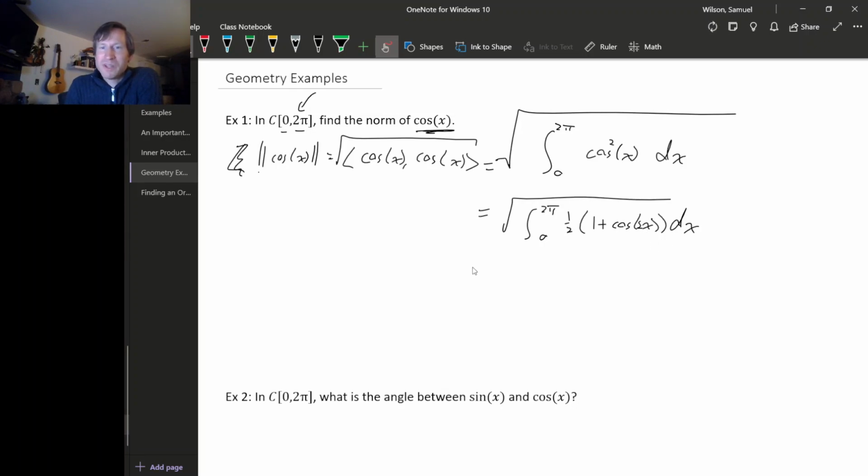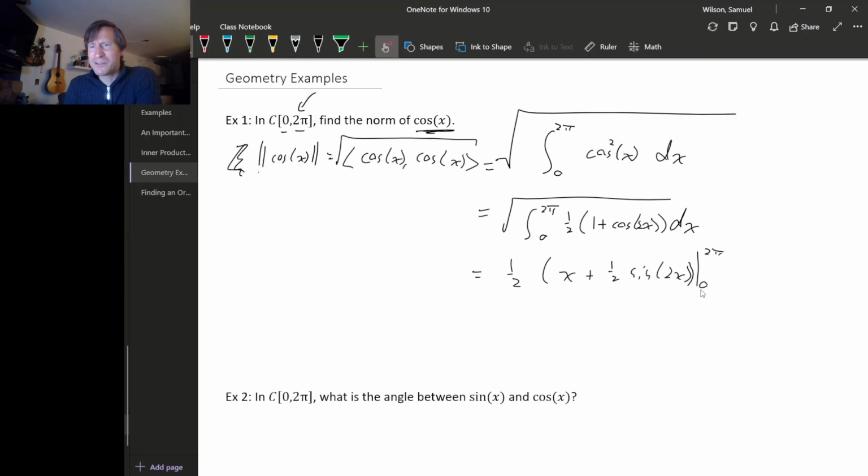When we take the antiderivative, moving the 1/2 outside, we get x plus 1/2 sine 2x, and then we have to evaluate at 0 and 2 pi.